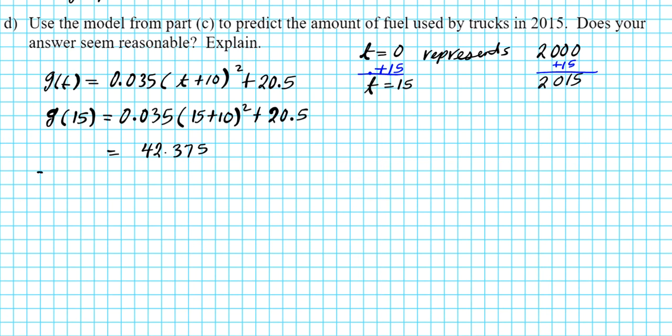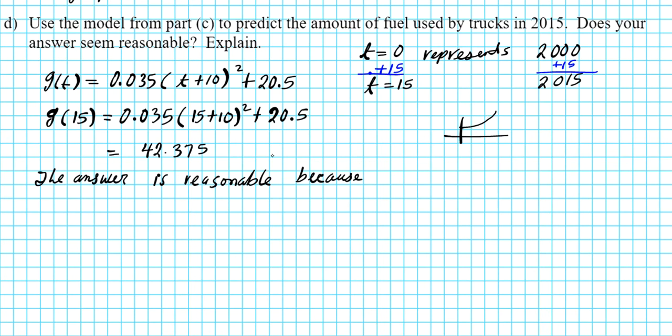Okay? Now, does the answer seem reasonable? The answer is yes. The answer is reasonable because the amount of fuel used should be increasing, right? Because if you think about a quadratic function that we just sketched, it should show an upward trend. It should be increasing. Okay?